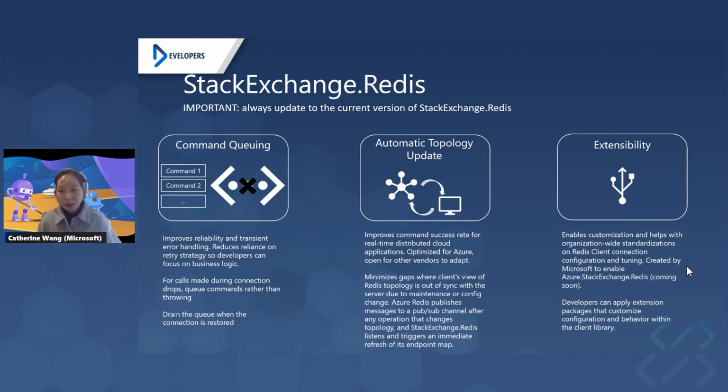Microsoft created the extensibility features so we could work on the Azure flavor of the client, azure.stackexchange.redis, which is coming very soon. And one last thing I wish to mention: please remember it's very important to keep your Stack Exchange.Redis client up to date.